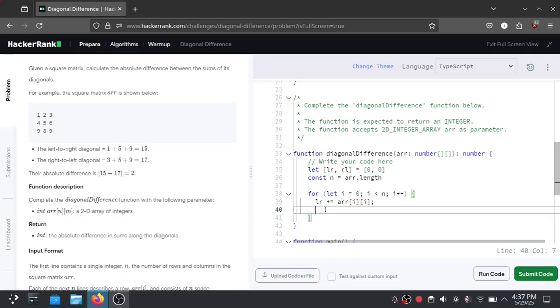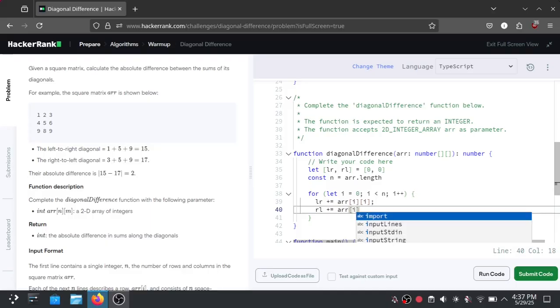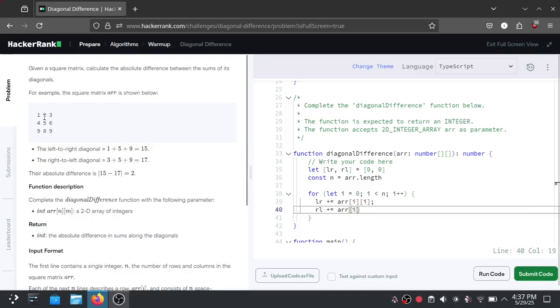And this is the tricky part. For the top right to the bottom left, we are trying to solve it by using the first dimension, which is just like the top left to bottom right, like this, iterating the array like this. And then for the second dimension, we are passing the constant of the array length, which is the n.